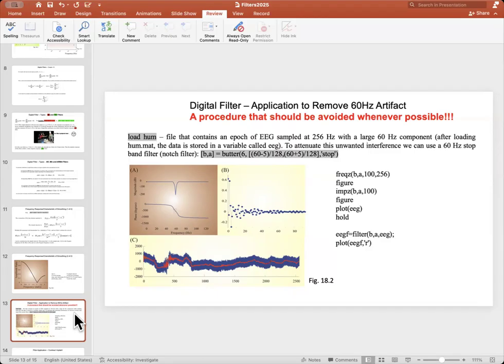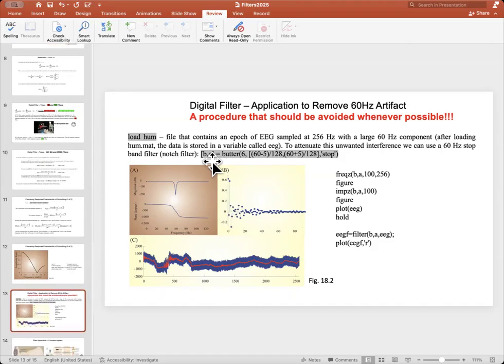So what you can do in MATLAB, you have a bunch of very useful functions. One of them is called butter. That's not to create butter, but to create a Butterworth filter. In butter, you can describe how you want to filter, and then it will create the coefficients B and A that we just discussed in our difference equation.